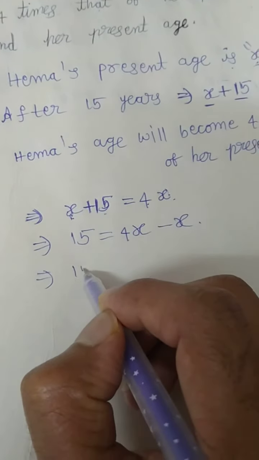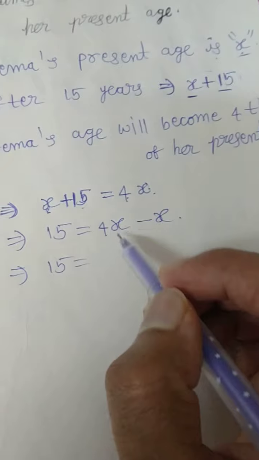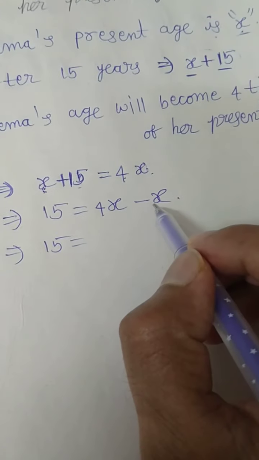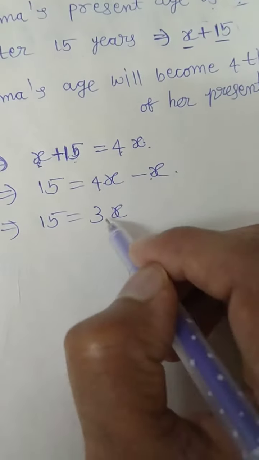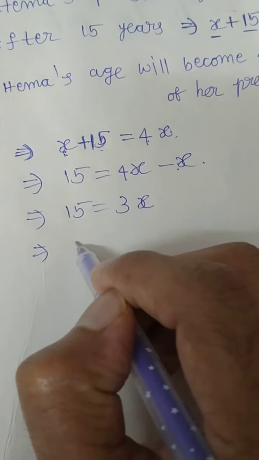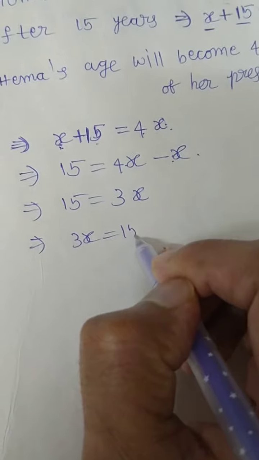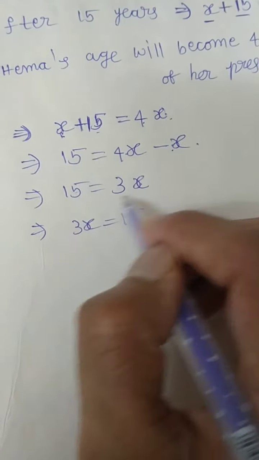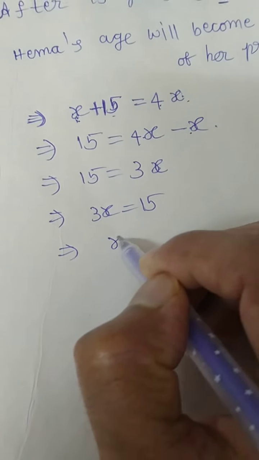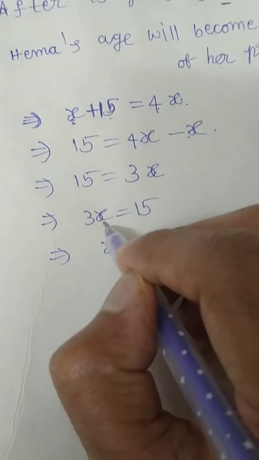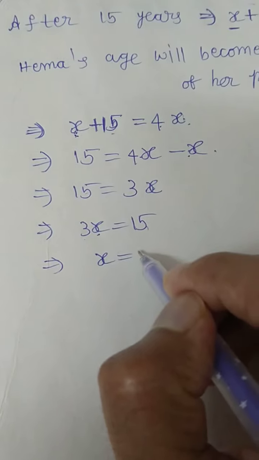That implies 15 is equal to, like this also you can write, 4x minus x, 4 minus 1, 3x. So 4x minus x is 3x. That implies 3x is equal to 15. Just I reversed it. 3x on this side, 15 on this side. So x is equal to, here 3 is multiplying with x, so if it goes to the other side, it will divide.